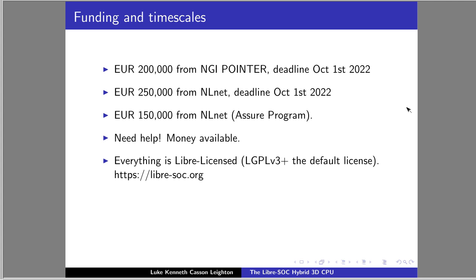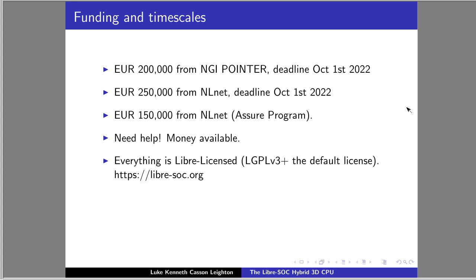Now we have quite a lot of funding. We've got some timescales. We do need help. There is money available to fund it. So if you want to help with this, you can actually get paid to do things. We have €200,000 from Engine Pointer.